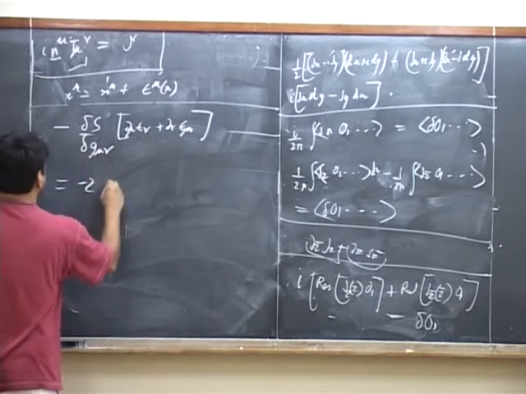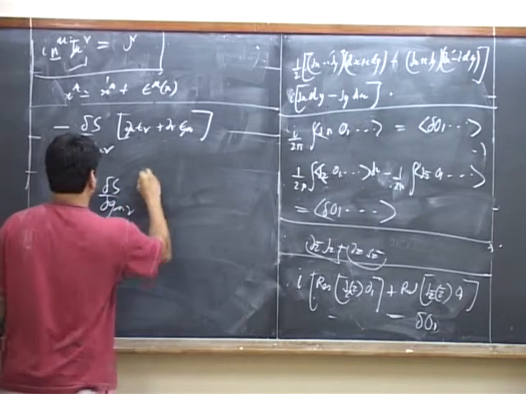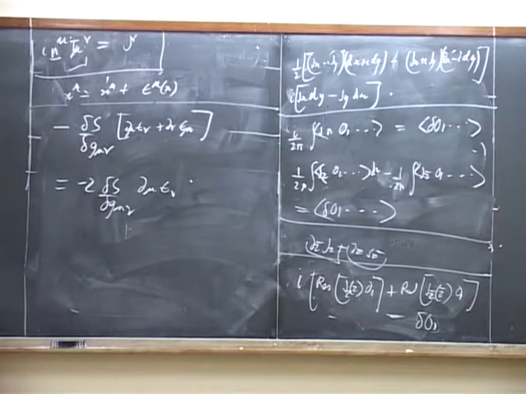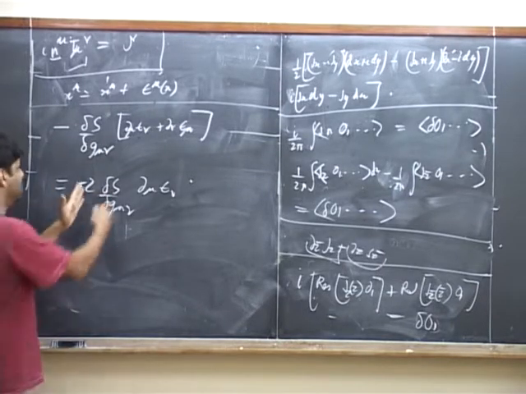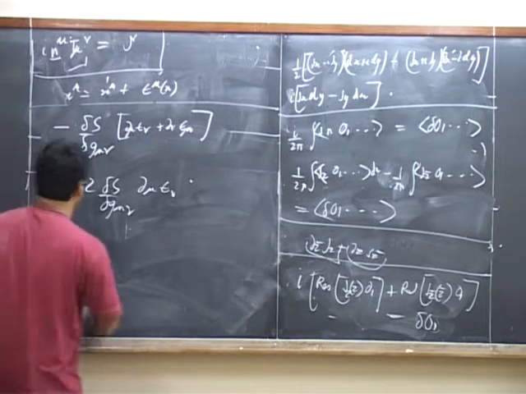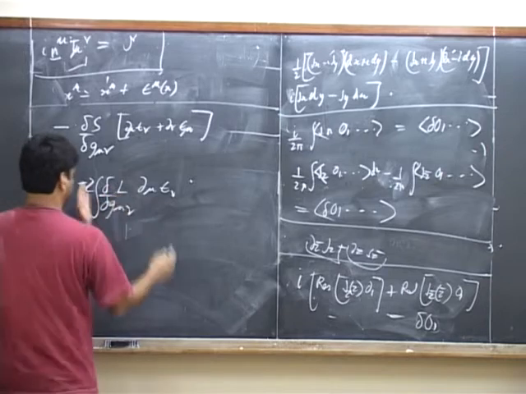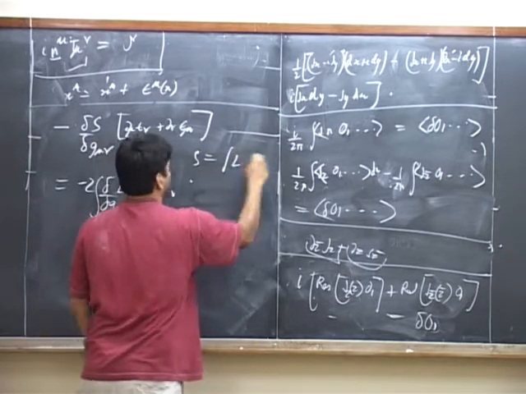So this is minus 2 delta S by delta G mu nu, del mu epsilon nu. If we had written this S as an integral over a local quantity, this would more accurately be the integral of L del mu epsilon nu, where S was equal to the integral of L.